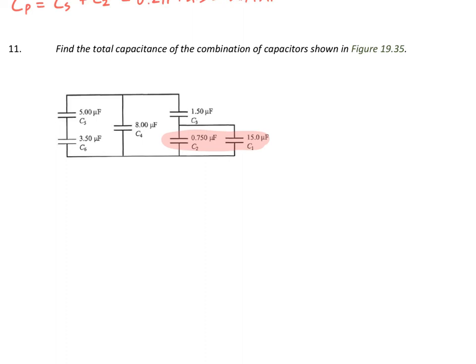Or if I collapse the other parts of the parallel network, I can't do this far right branch area until I collapse this little sub-branch. So one way or another, you'd have to get to this spot. Here we have a parallel network that's in series with something else. And we know that when they're in parallel, it's just the simple sum of those things. So this is going to be 15.75. I hope we don't have to actually write out the sum.